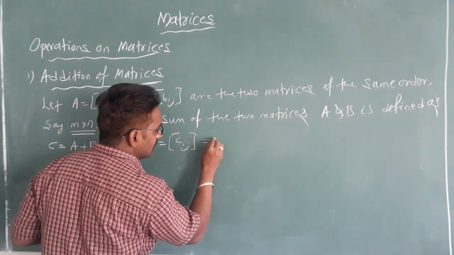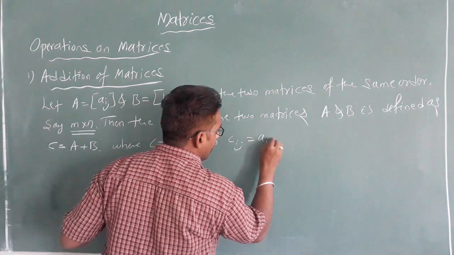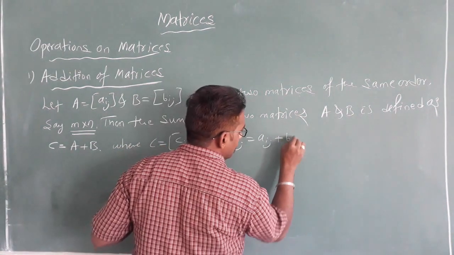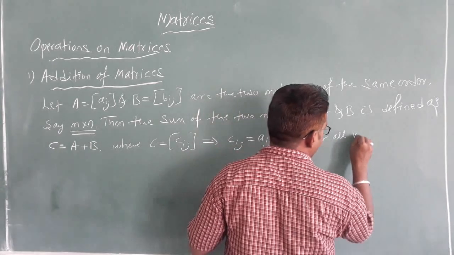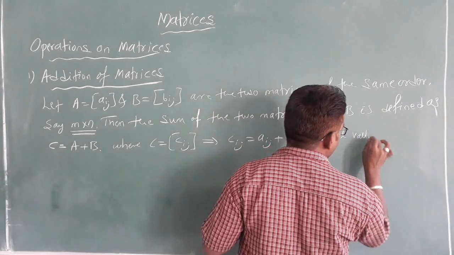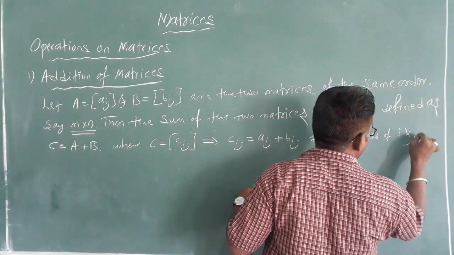It implies Cij equals Aij plus Bij for all values of i and j.